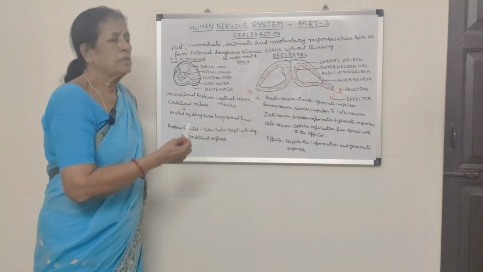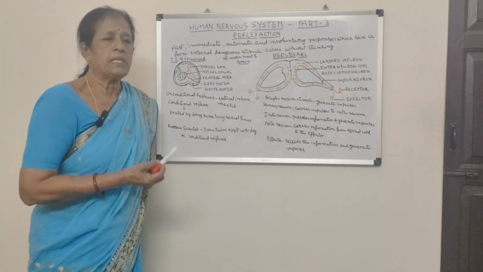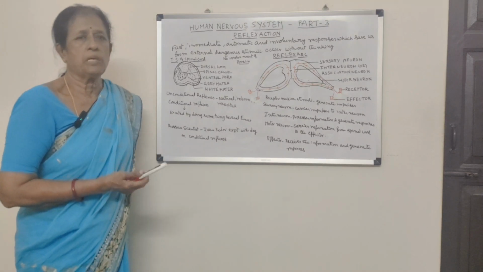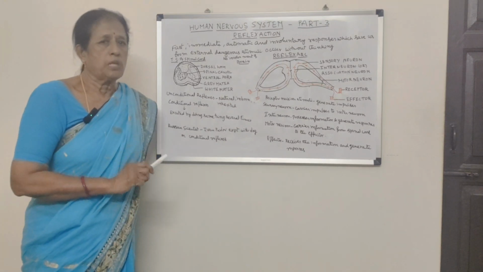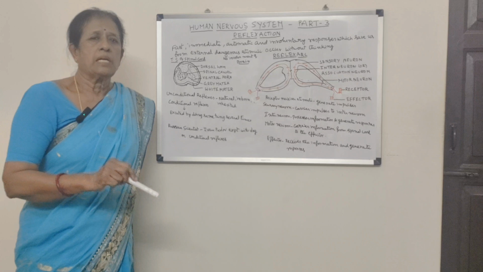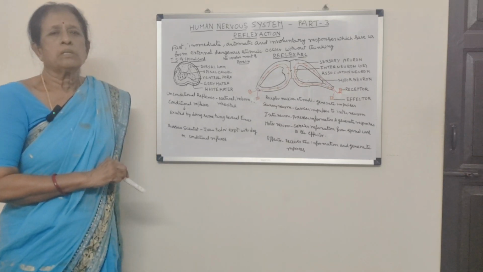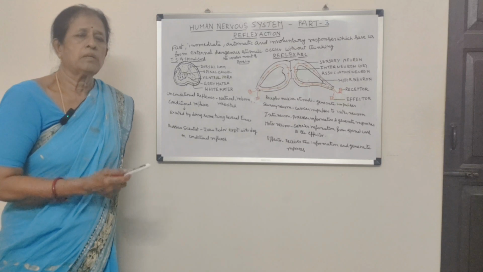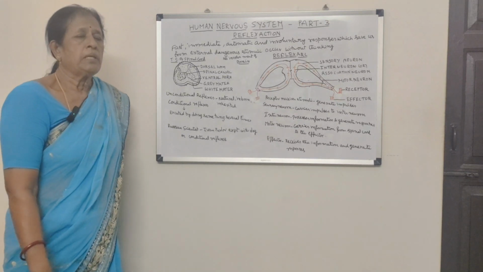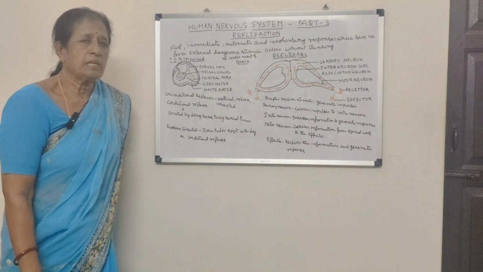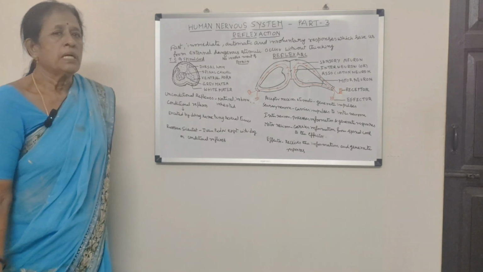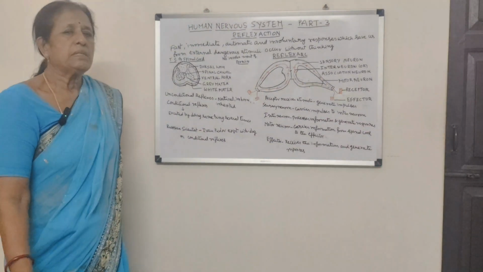We have studied, when studying the structure of the neuron, two types of neurons: sensory neurons and motor neurons. Sensory neurons carry impulses from sense organs to the brain and spinal cord, and motor neurons carry impulses from the brain and spinal cord to the effector. But if a nerve contains both sensory nerve fibers and motor nerve fibers, such nerves are called mixed nerves.